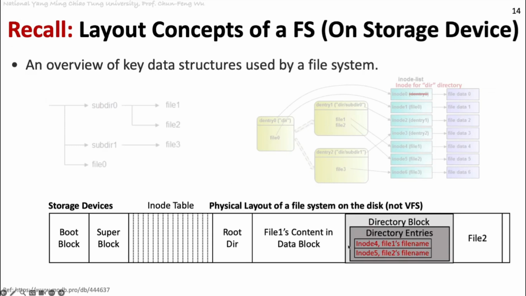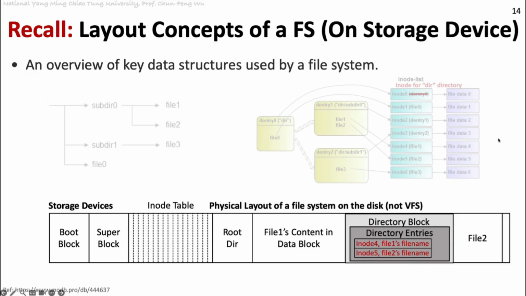Inside the directory block, there are several directory entries. Because this one is subdirectory 0, inside subdirectory 0 there are two files, right? So for these directory blocks, we maintain the directory entries correlated to this directory. Because we store these two files, there will be two entries. The first one tells us the inode number of the first file.